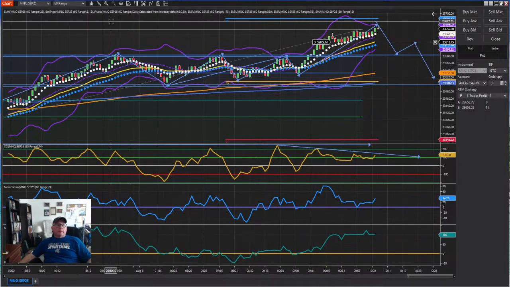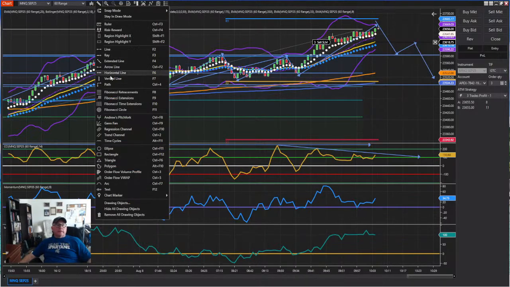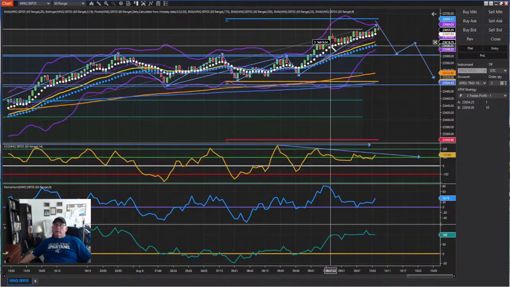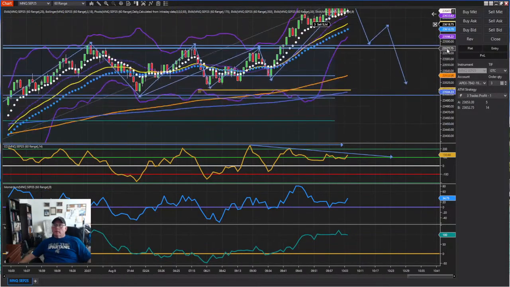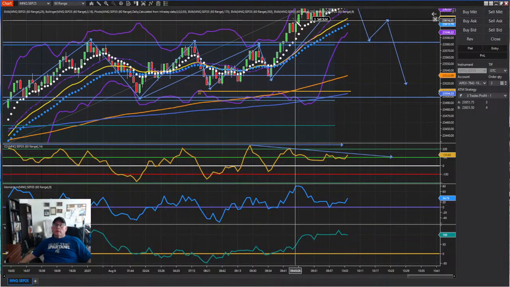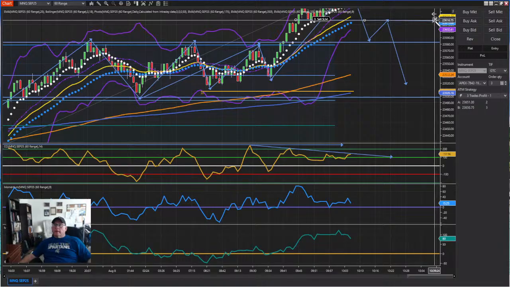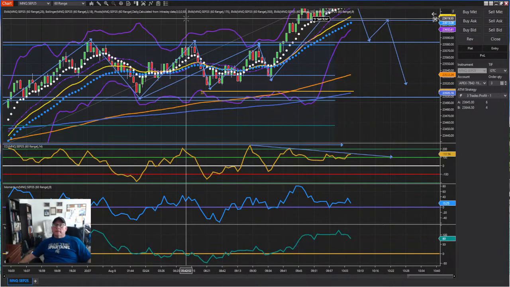So right now, let's put the arrow line that I'm looking at. The market needs to hold. Market needs to hold basically that area right there.